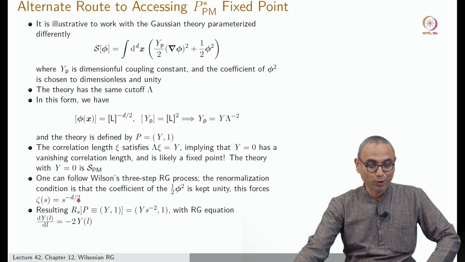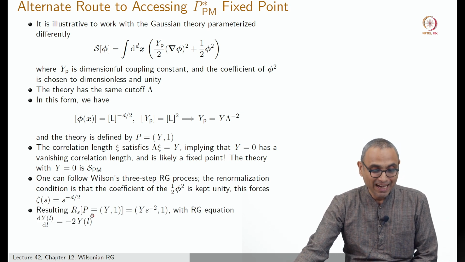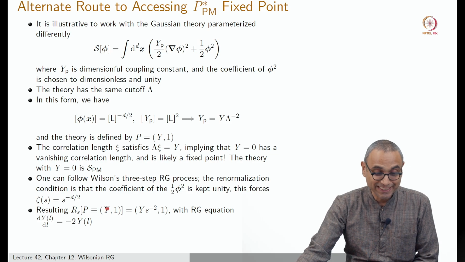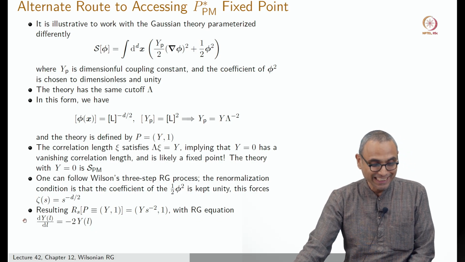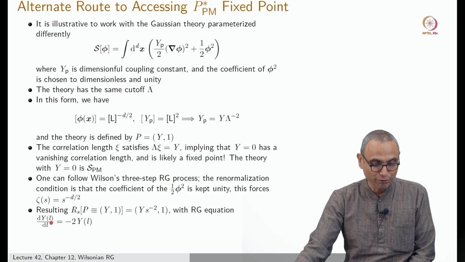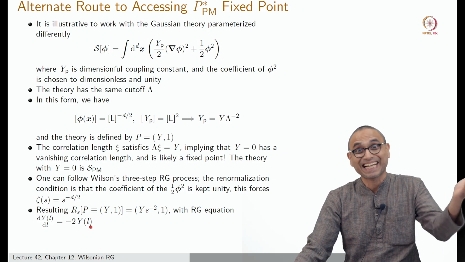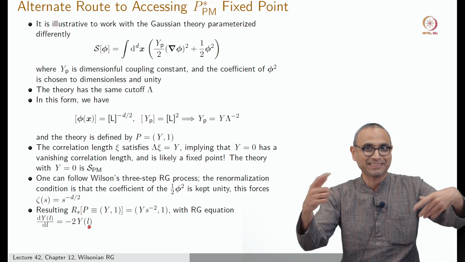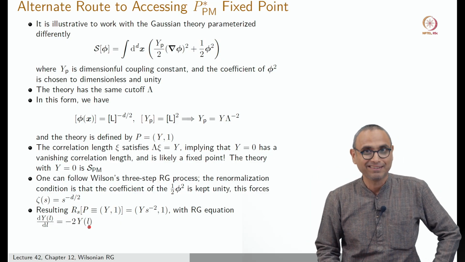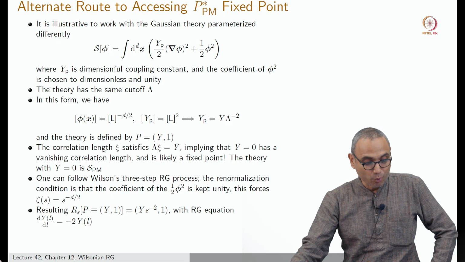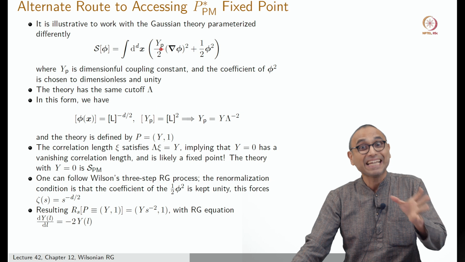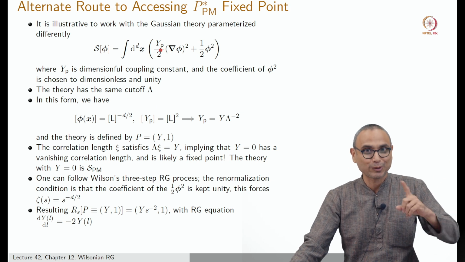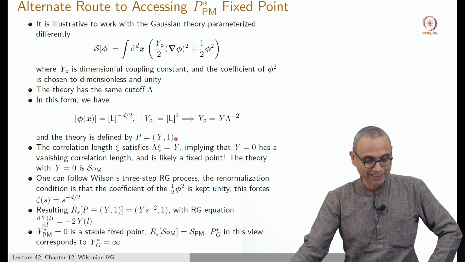And the upshot of this whole thing is that the resulting R_S of P, which is now defined as y1, is actually y S to the minus 2 comma 1, whose RG equation is d by dl of y_l is minus 2 y_l, which is exactly what we had derived using the transformation that we did of y equal to 1 by t. And now you see at y equal to 0, this gradient operator is actually irrelevant, and that is what we also saw in the RG flow equation.